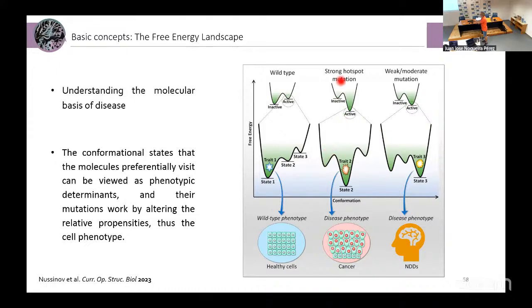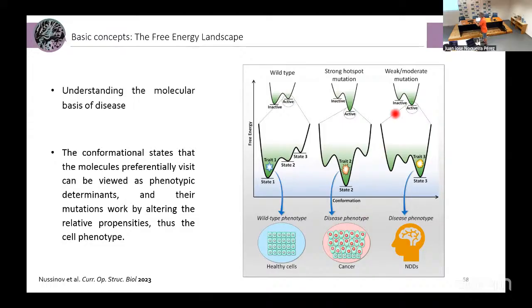Now this mutation, which corresponds to a strong hotspot, drastically changes the free energy landscape, so state 2 becomes the most populated one.